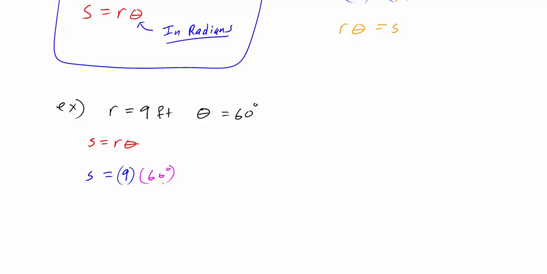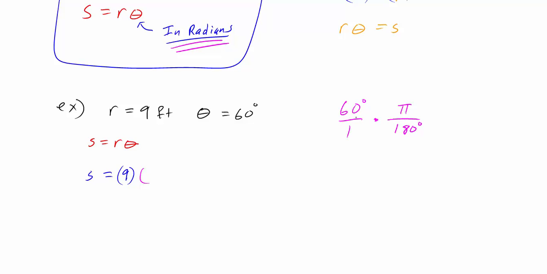Is that correct? Well, remember, what did I say up here? This angle has to be in radians, so we cannot use the degrees. So be very careful. What that means is we have to change the degrees to radians. If we want to change this to radians, remember, what do we have to multiply by? We have to multiply by pi over 180 degrees.